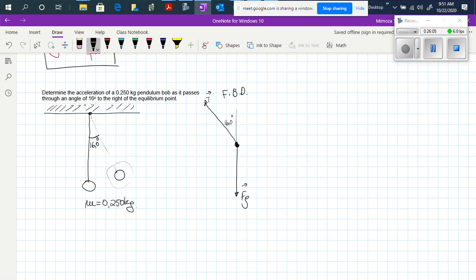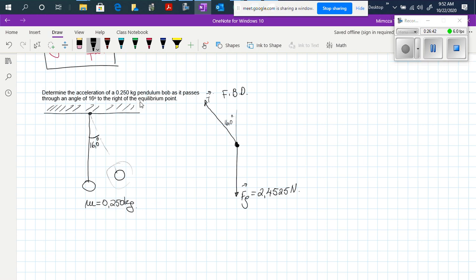And then, since we have a two-dimensional situation, we draw the table of components. So the force of gravity is 0.250 times 9.81, with a magnitude of 2.4525 newtons.